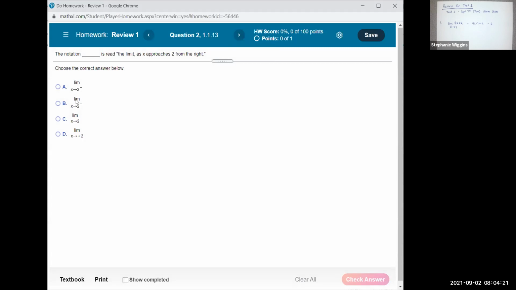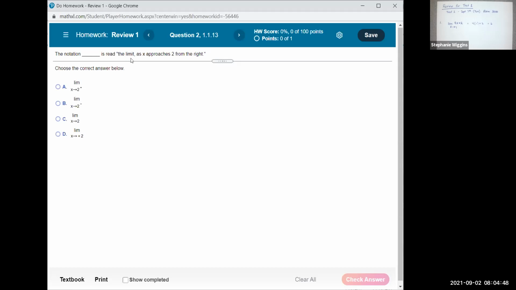If it comes after the number, that means you're approaching from the positive or negative side, depending on the sign. But if it comes before the number, it means the sign of the number itself. So C and D are actually the same. x approaches 2, x approaches positive 2. Well, 2 and positive 2 are the same thing.